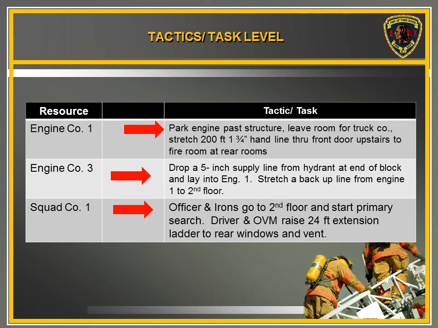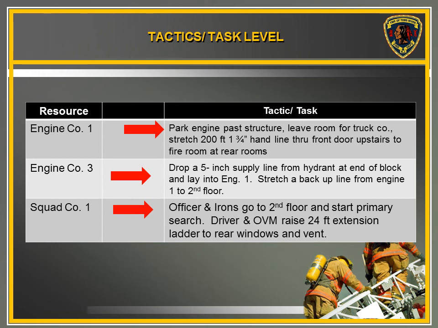At the tactical level or the task level, the resource, in this case Engine Company 1, is going to implement the objective, and the company commander, the officer on Engine Company 1, might use a tactic and tell his crew to do something like park the engine past the structure, leave room for the truck company, stretch the 200-foot 1 and 3-quarter inch hand line to the front door, upstairs to the fire rooms at the rear rooms.